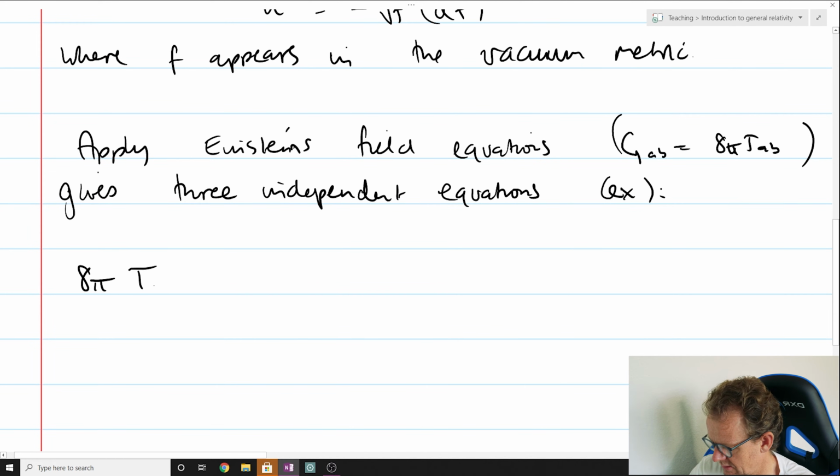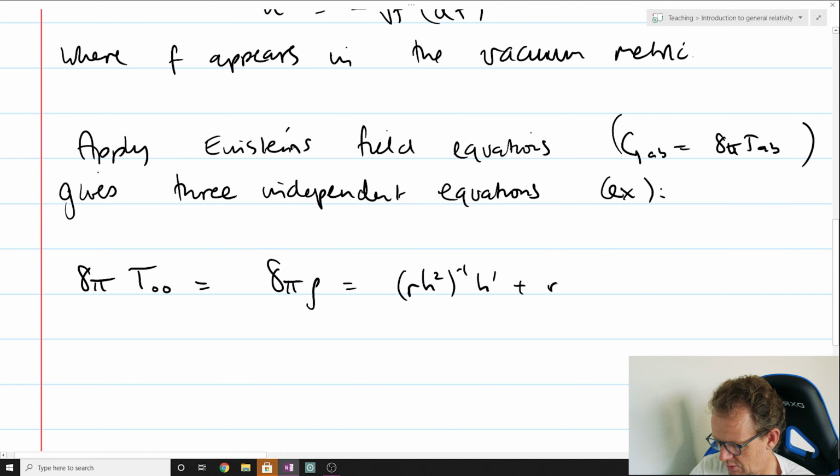But to interpret these I'm going to be talking about a slightly different coordinate system. So this is an exercise to just do the substitutions of these equations.